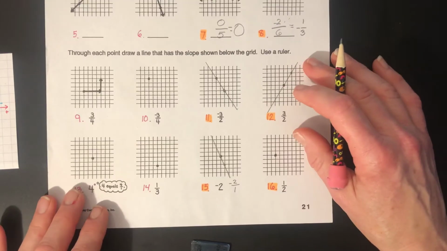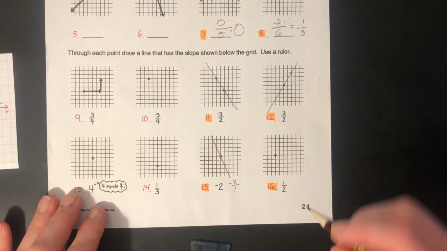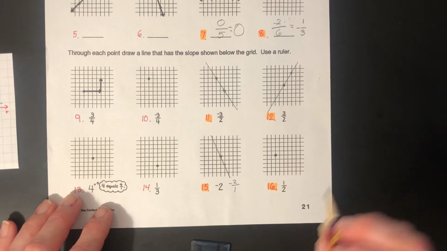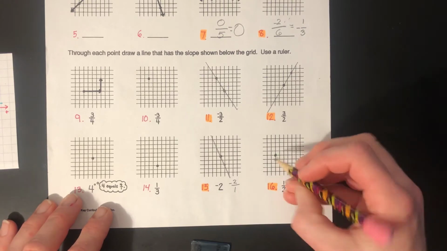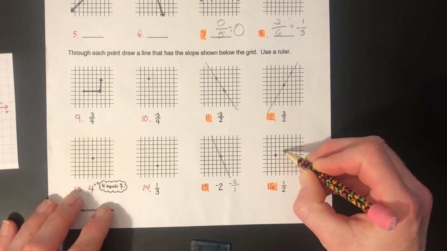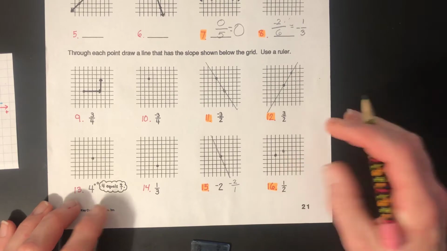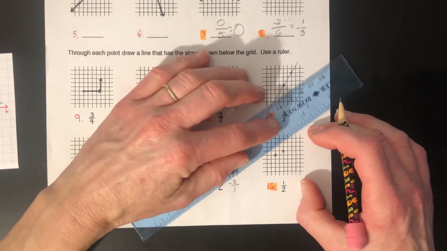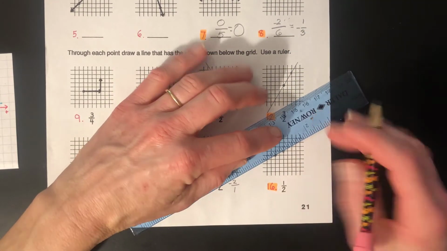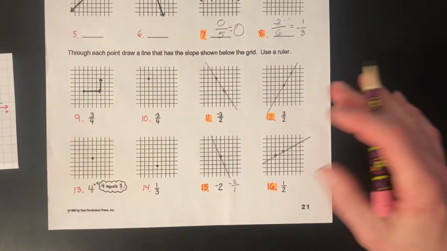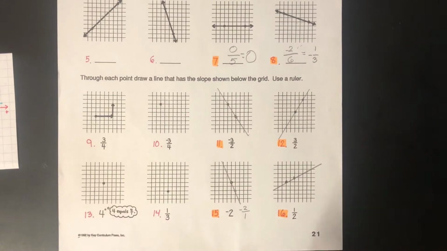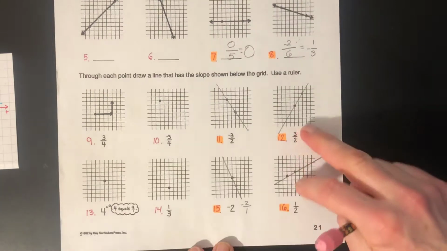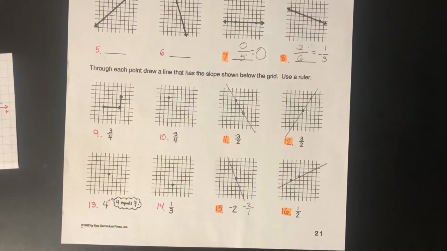And then this one is 1 over 2. And it's positive. So I go up 1 over 2. Up 1 over 2. There you go. And you can see afterward how when they have negative, my slopes go this way. And when there are no negatives, my slopes go this way.